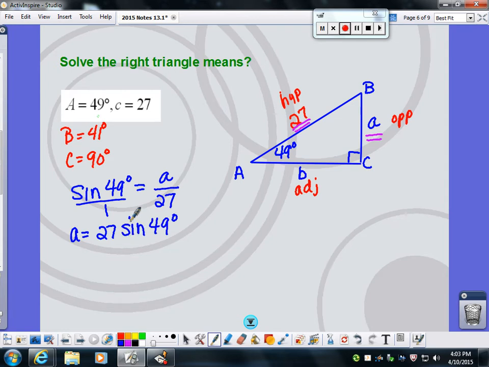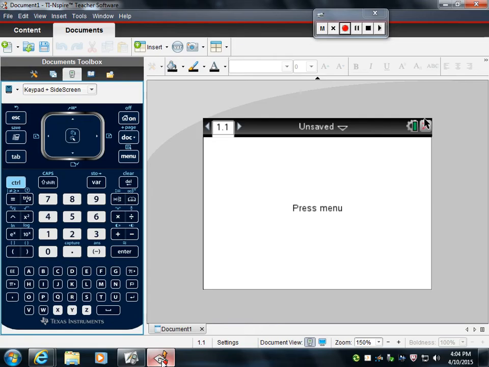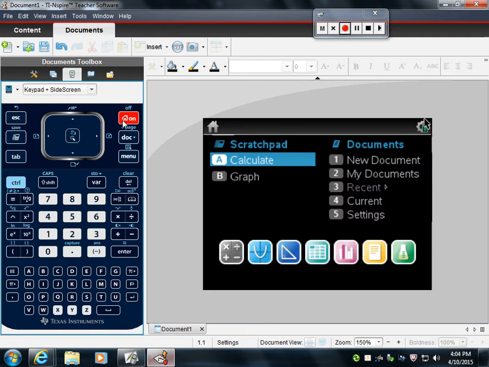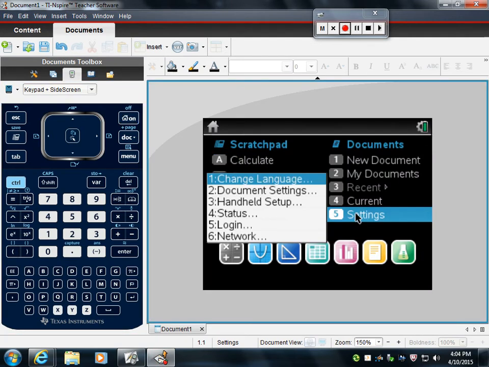We're going to put that in our calculator. You can look it up on the chart or put it in the calculator. Typically we use the calculator nowadays. Now here's something you have to make sure you do on your calculator. Hit your home button, go to settings, otherwise you're going to get the wrong answer here.